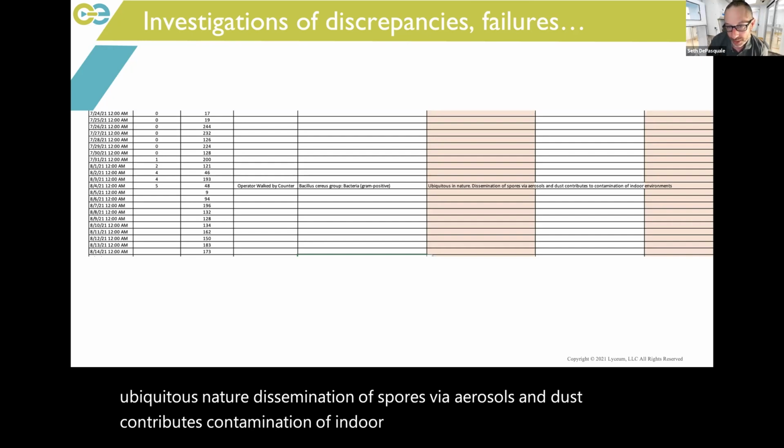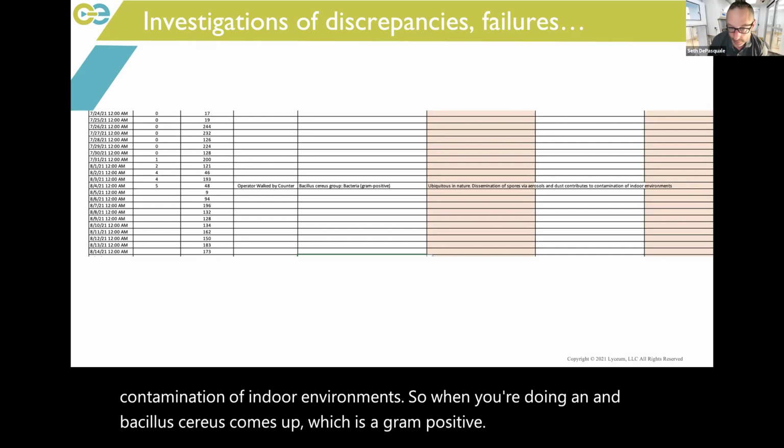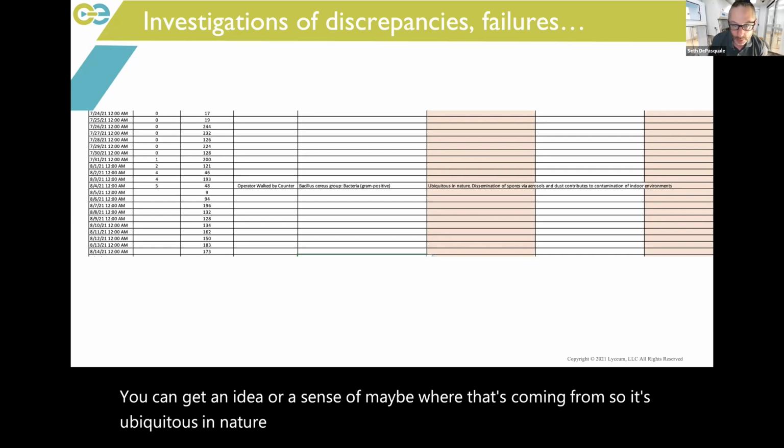So when you're doing an investigation and Bacillus cereus comes up, which is a gram positive, you can get an idea or a sense of maybe where that's coming from. So it's ubiquitous in nature, meaning it's coming from outside.